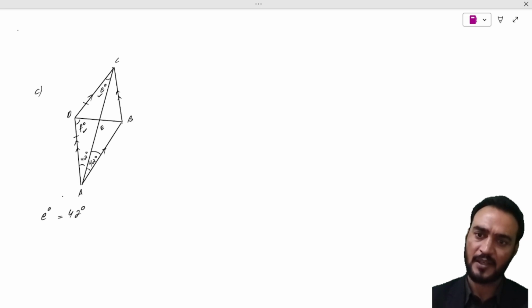You can write here the reason: alternate angles, because e degree and 42 degrees are alternate angles, since DC is parallel to AB. Now we will consider triangle DEA, or you can write it as triangle AED.